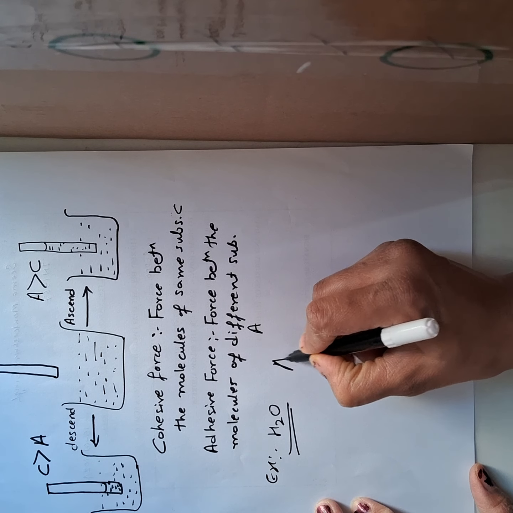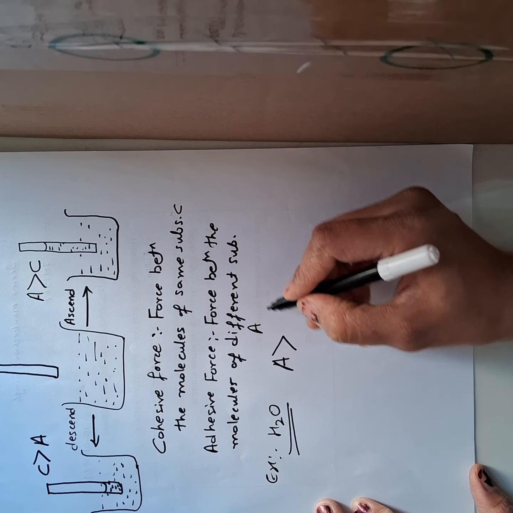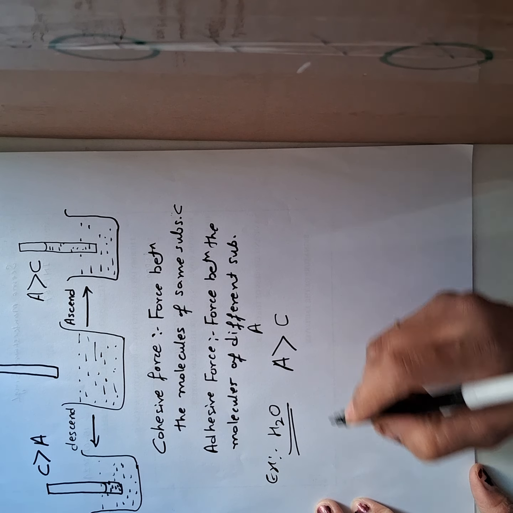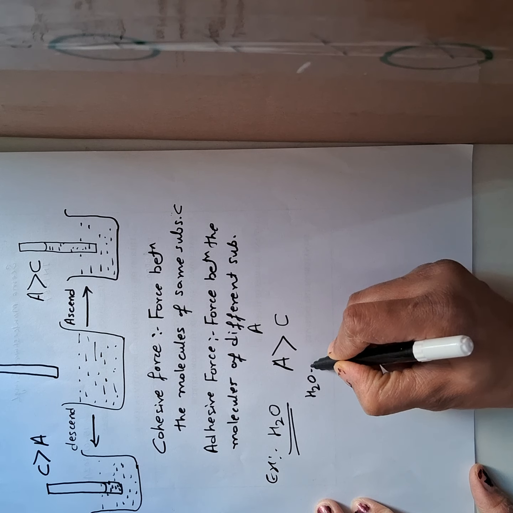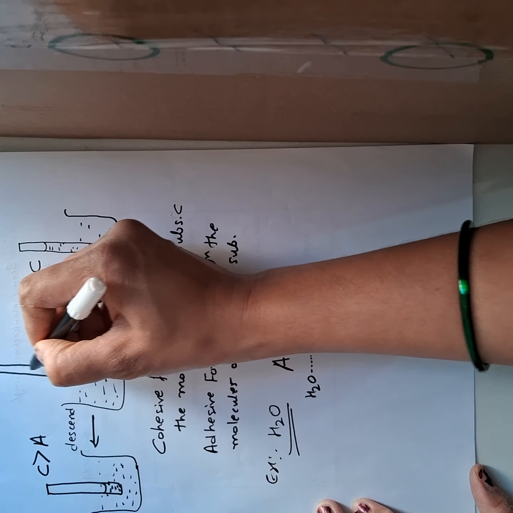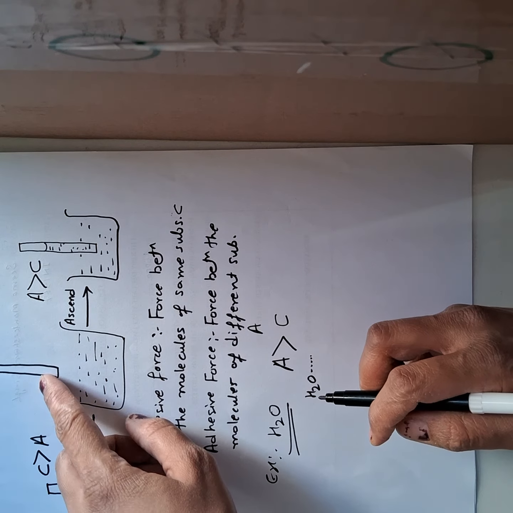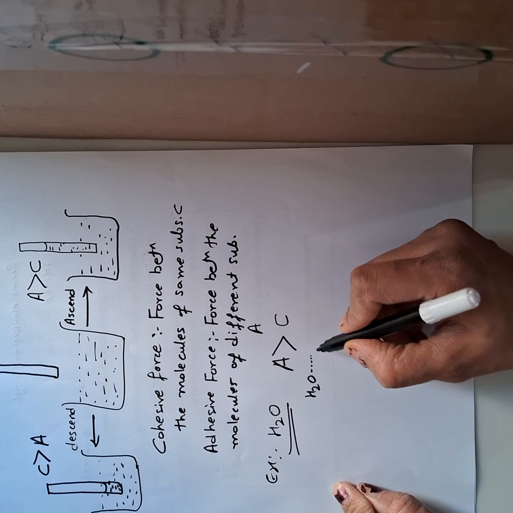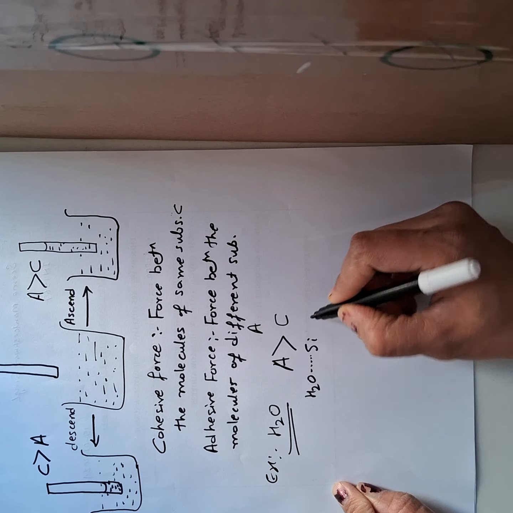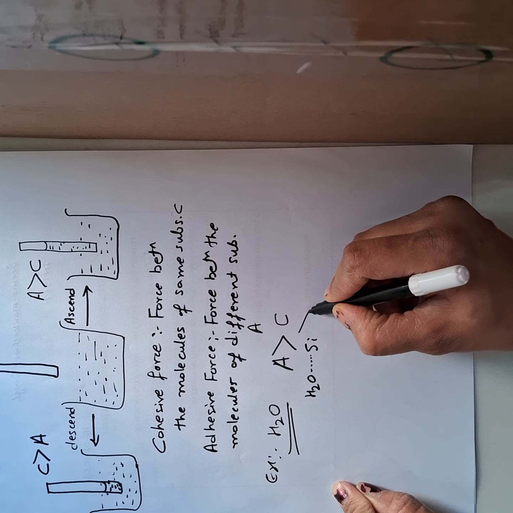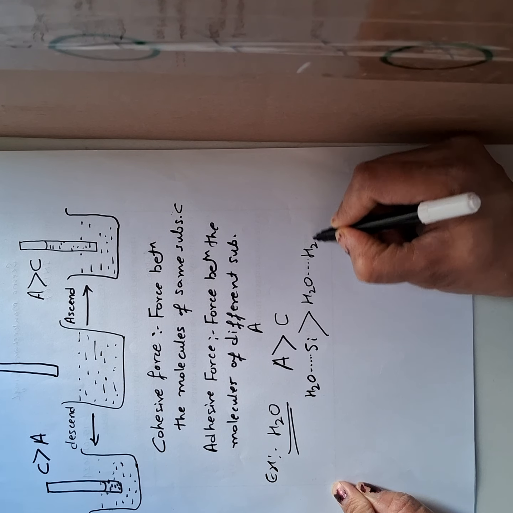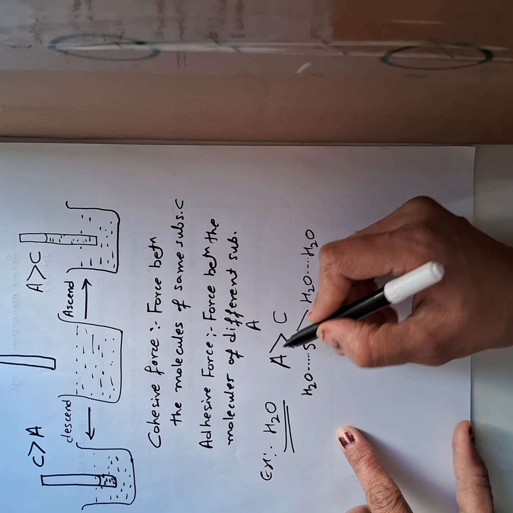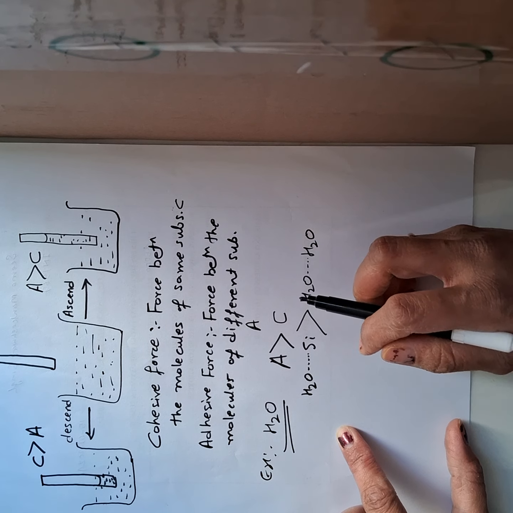So here adhesive force A is stronger than the cohesive force, that is, the force of attraction between the water molecules and the molecules on the surface of the capillary. What is this capillary made of? It is made of glass, so it is silica. That force is stronger than the force of attraction between water molecules. So in that case, the liquid will ascend in the capillary, right?